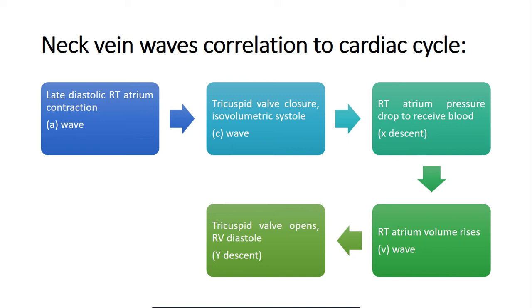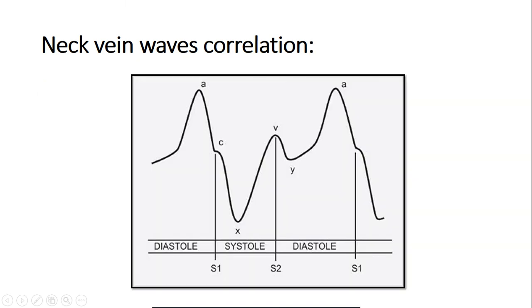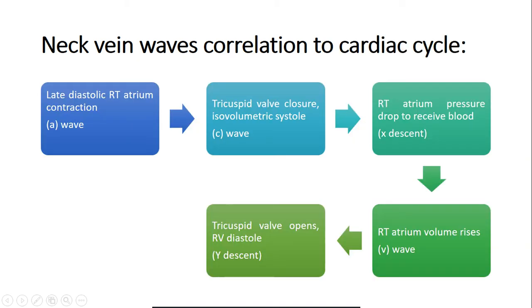Okay, so again, the Y descent will be followed by an atrial contraction in the late diastolic phase with an A wave. Then the tricuspid valve closes, giving the C wave. Then the right atrium pressure drops to receive blood.